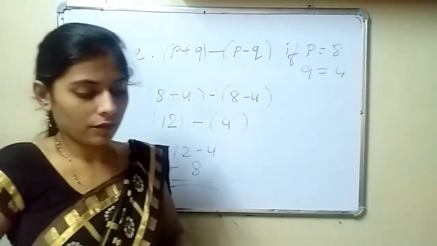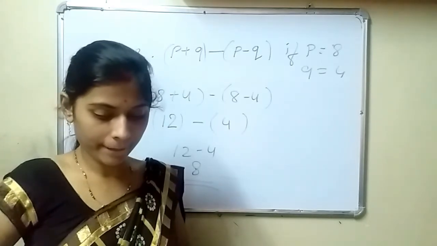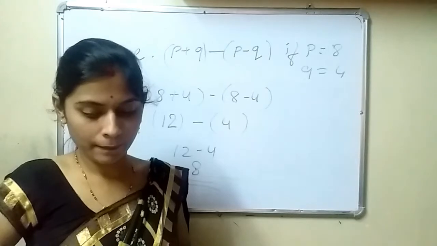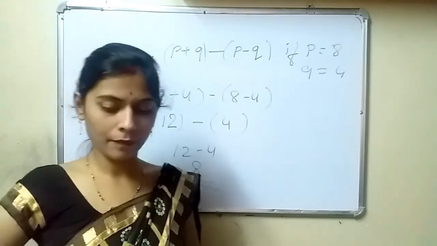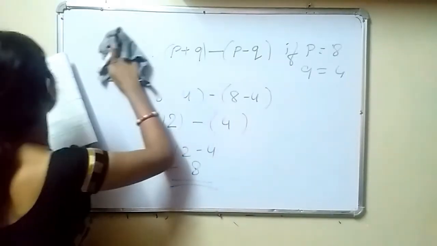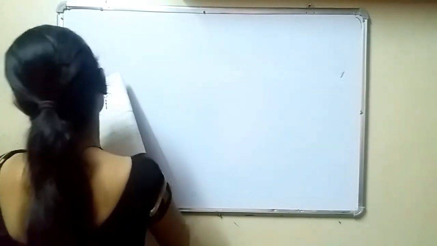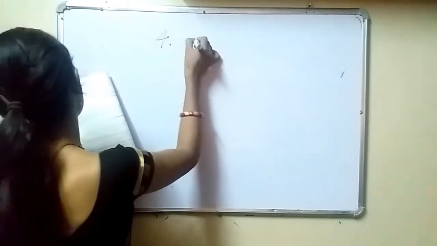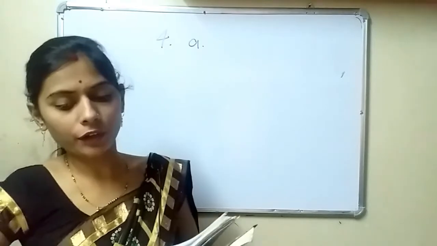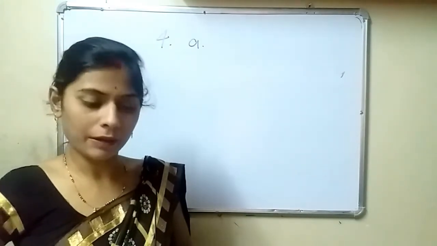Now see, write the following as formula. For A, the cost of a number of books is the product of the number of books N and the price P per book.